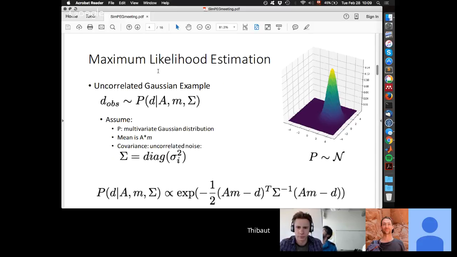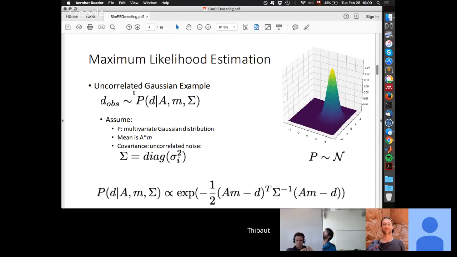So the first approach, the naive one, will be the maximum likelihood estimation. This data is what I know, and basically I have a realization of a multivariate Gaussian, that we can see here for just 2 variables.